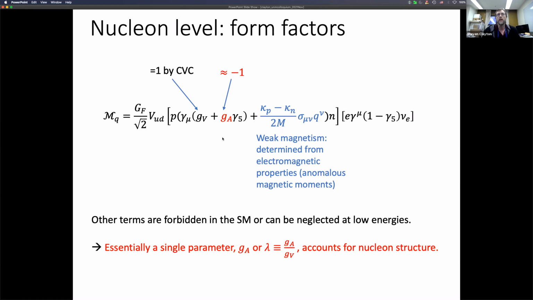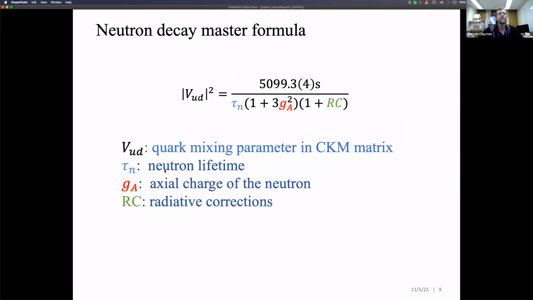GA is nearly 1 by a near conservation law. And then this other term you can relate to electromagnetic properties. And so that's well determined. So basically the other terms that might have appeared are forbidden in the standard model, or we can neglect them at these low energies. And essentially a single parameter, this GA, or it's often expressed as this ratio GA over GV, accounts for the nucleon structure that we're interested in.